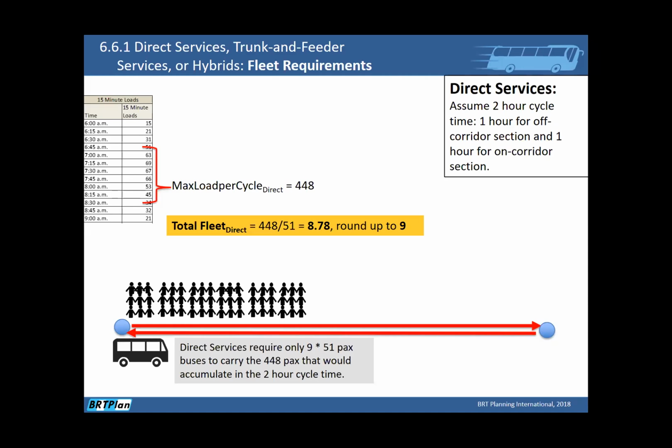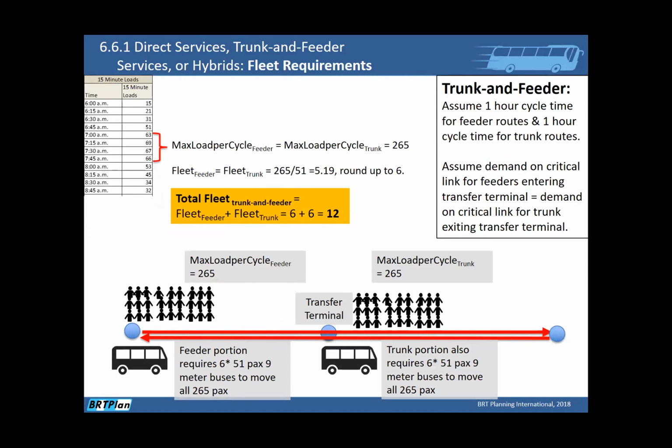Now, let's say we split that into a trunk service and a feeder service. Now you've got maximum load per cycle of 265 because it's a 1 hour period of time instead of a 2 hour period of time. And the maximum load per cycle, because the critical link is roughly near the transfer terminal, it's about the same for the trunk and for the totality of the feeders.